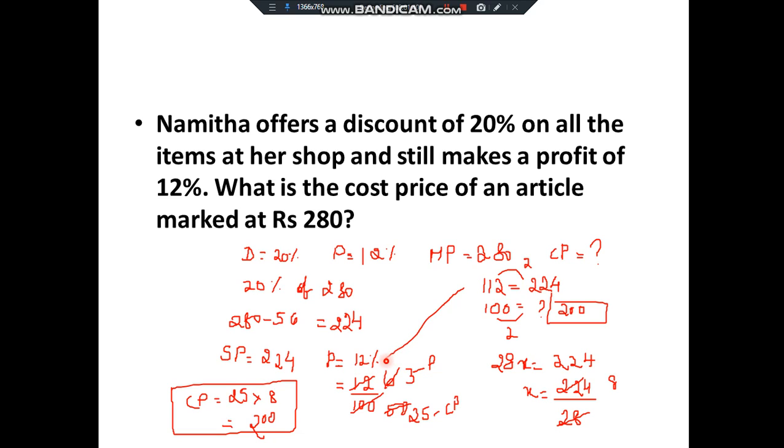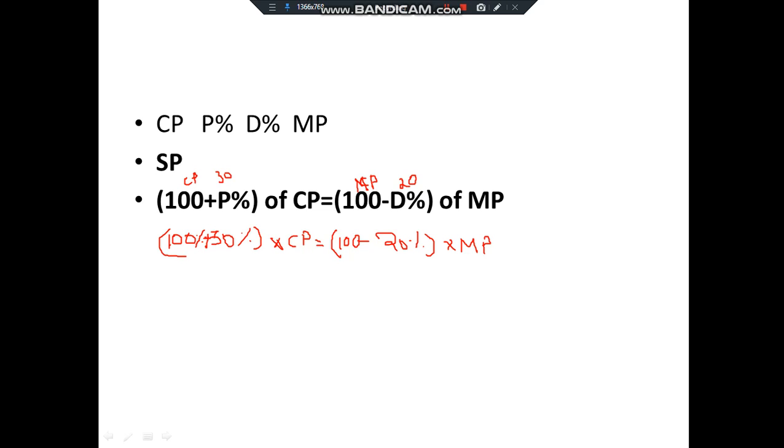Either you can use the 12 by 100 fraction method, or see 100, profit is 12%, so 100 plus 12, 112% is equal to 224, so 100% is equal to how much? When you cancel out, finally you get the value of cost price as 200. Okay, so hope you understood. This is the basic method we'll use to solve this kind of questions.